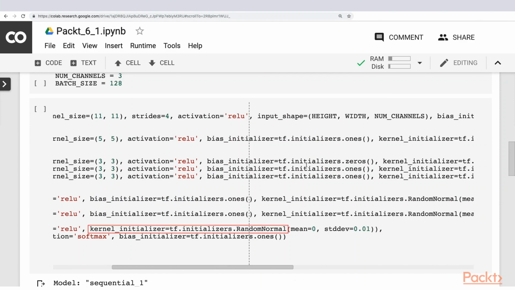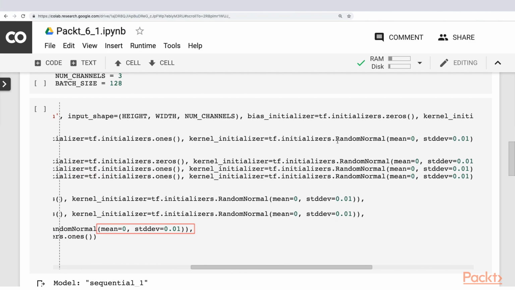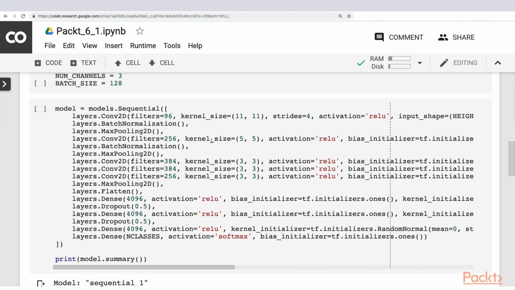The weights were initialized with random normal distributions, with a mean of 0 and a standard deviation of 0.01. The weight initialization is called kernel initialization in this API. So how good is this architecture? Do we have better ones? Because this took 6 days to train, we're not going to train it in this course. If you have access to a GPU and maybe cloud resources, you could try to train the model.